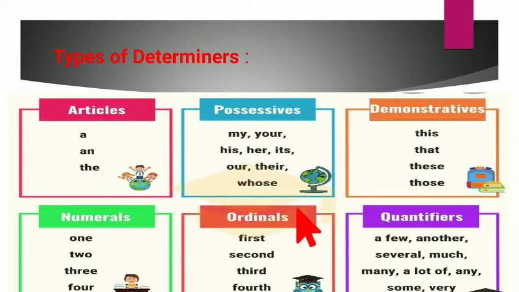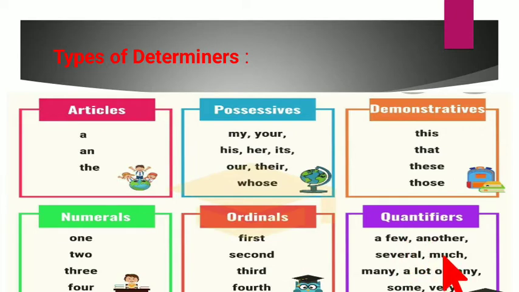She stood first in the class. He stood second in the class. And the third person who came in the competition was very talented. Such examples are ordinals.